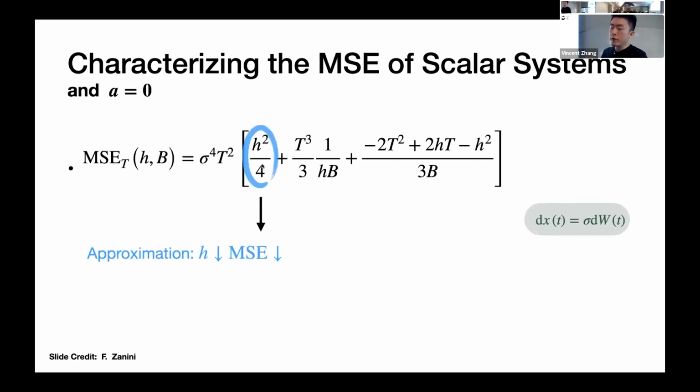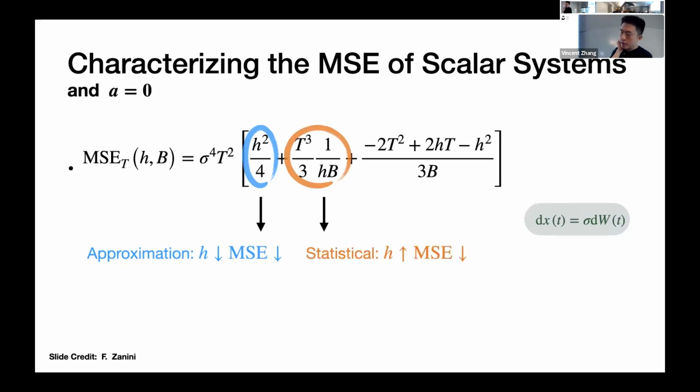So there is first this H square term. If I make H smaller, so taking a smaller step size, it's going to reduce eventually to 0. And that's the approximation error from the Riemann estimation, the Riemann sum estimator. And we also have this term controlled by both H and B.